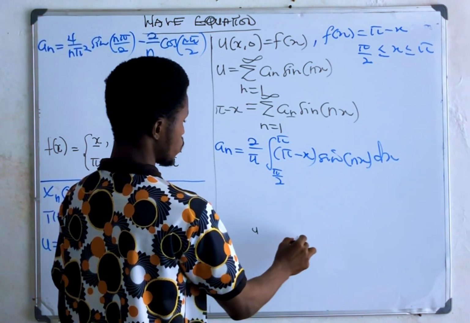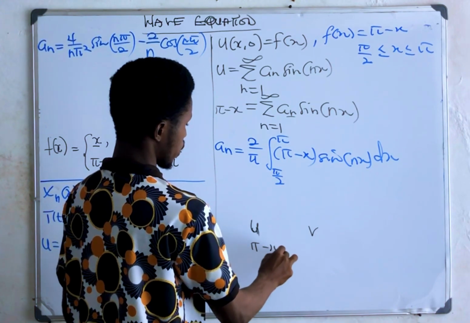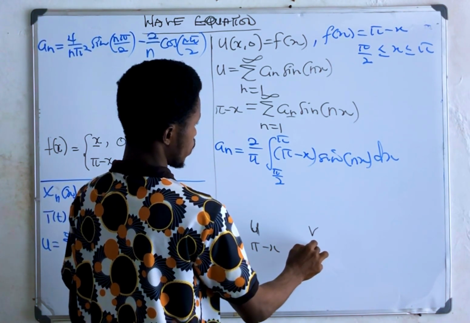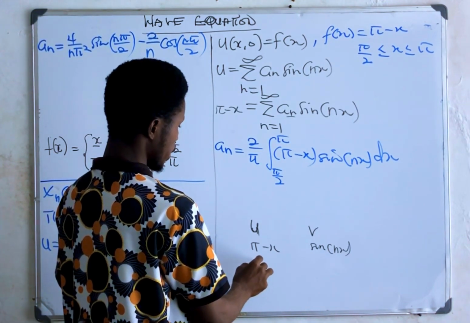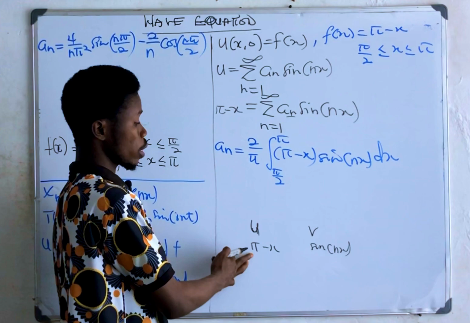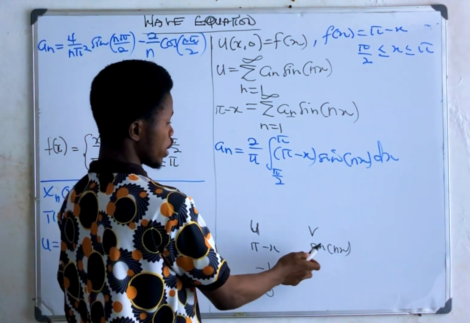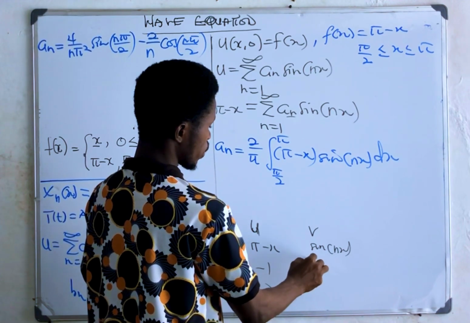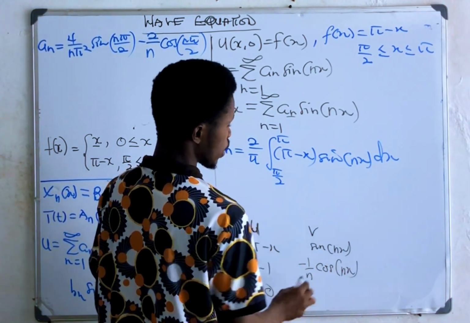So here is my u, here is my v. So I have pi minus x, I have sine nx, right? Pi is a constant, so if you differentiate a constant, you get 0. This one will give you -1, then you go to 0. Then here too, I'm going to have -1 over n cos nx.